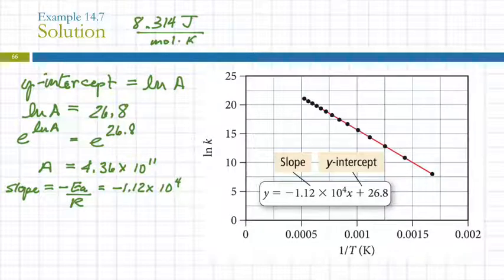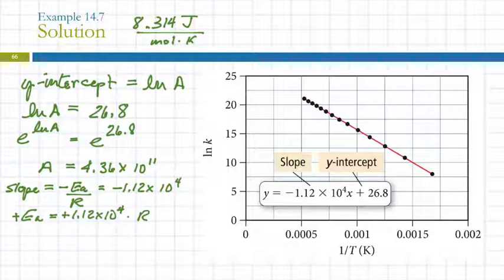Well, maybe we should just simplify this a little bit first. Negative EA would equal negative 1.12 times 10 to the 4th times R. Right? Just multiplying both sides by R. And then those negative signs are a problem, so if we multiply both sides by negative 1, we can get rid of that.